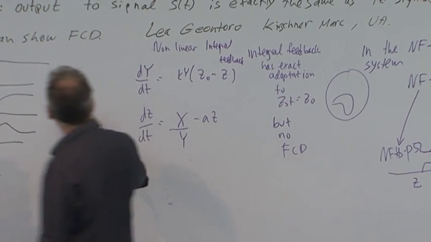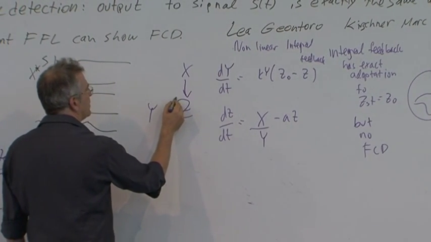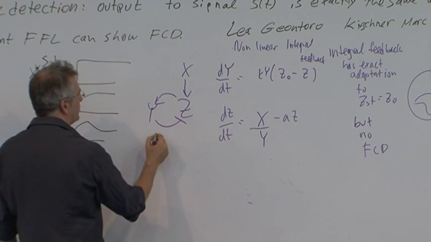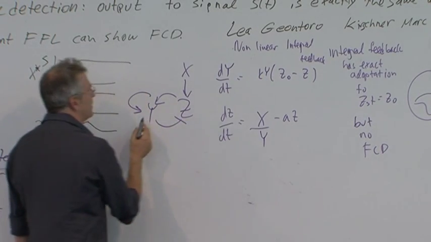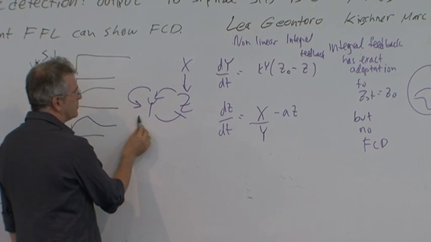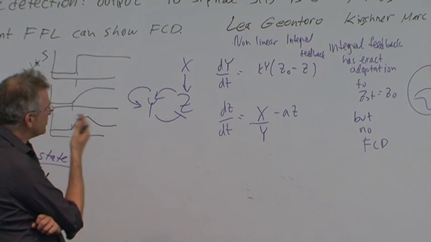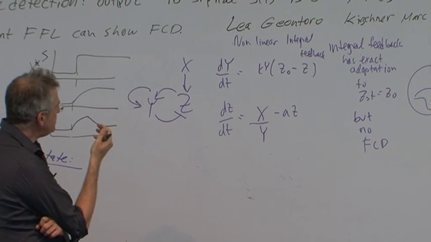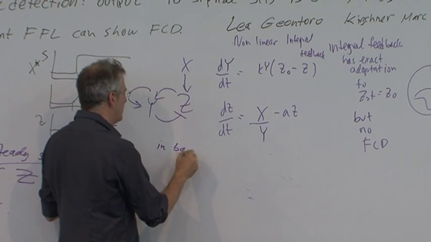If I draw this, the signal activates Z. Z increases Y, but Y decreases Z. So it's kind of a negative feedback loop. But Y also autoregulates itself because of this Y term here. This particular circuit is found in bacterial chemotaxis.